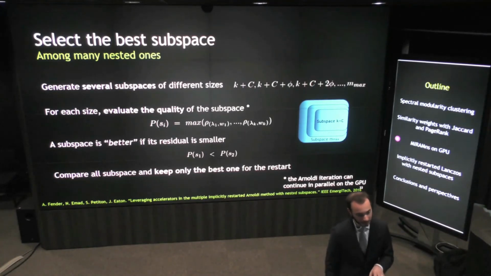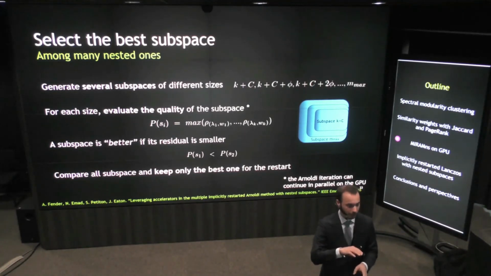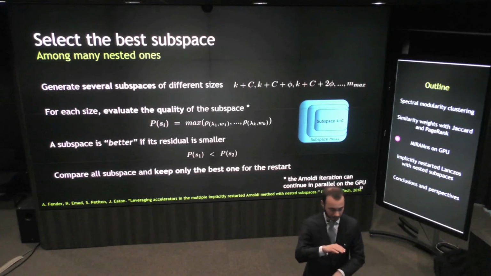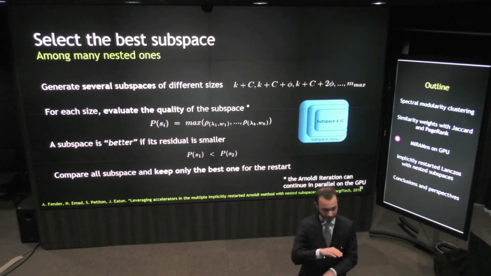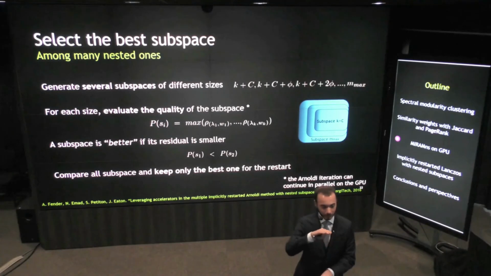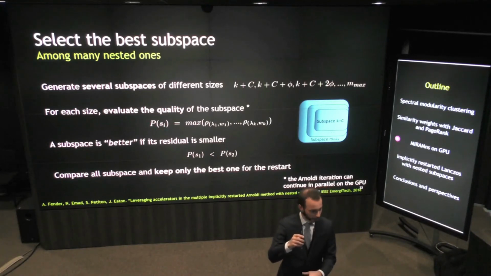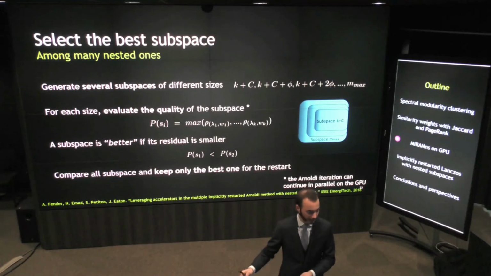So we will take this one and ship it to the CPU, compute the eigenvalue and eigenvector of this subspace, and at the same time the GPU can continue the factorization and continue the SPMV to compute the larger subspace. So at this point the CPU will end computing the eigenvalues, and now the GPU at the same time is computing the next nested subspace, which is larger.